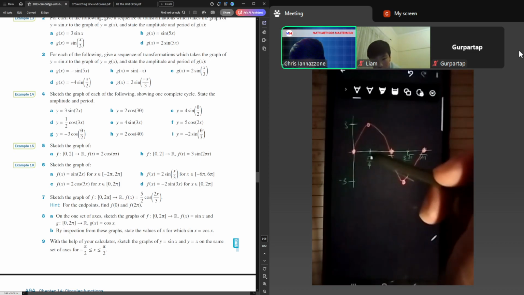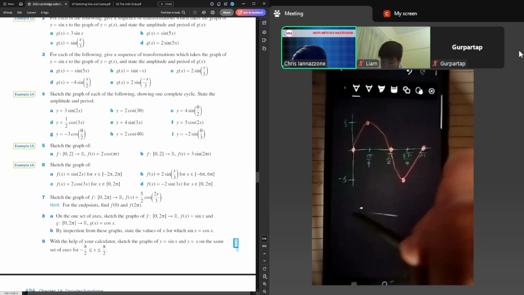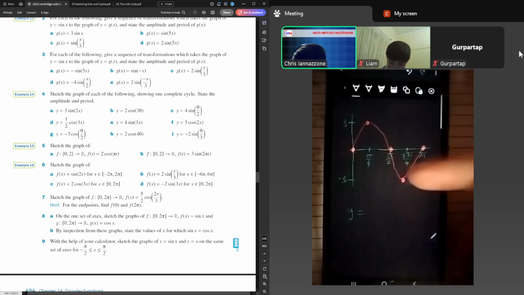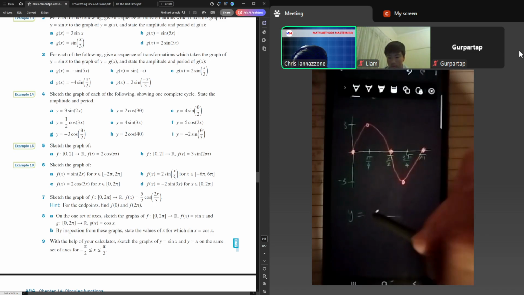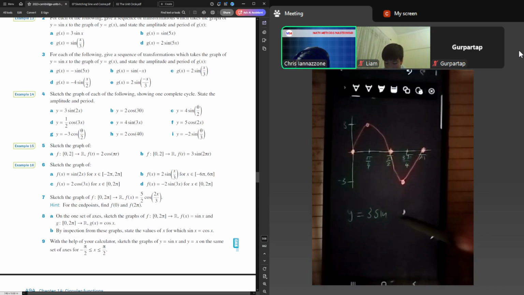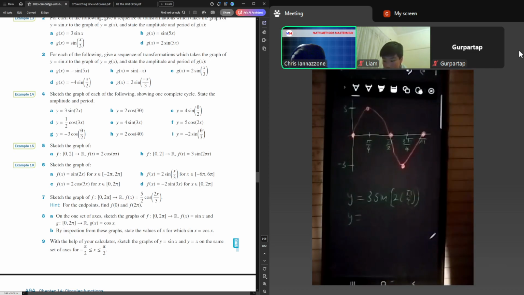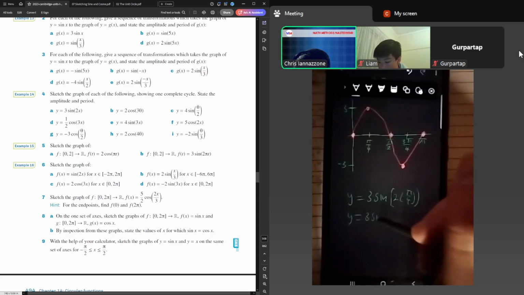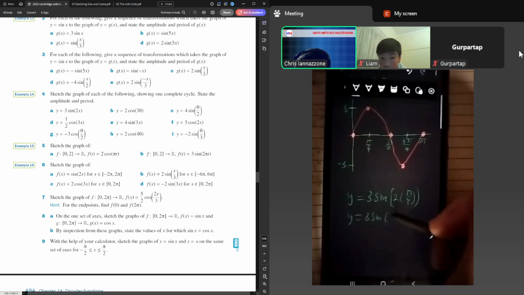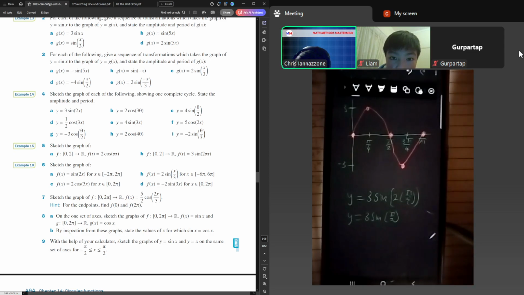Let's say we don't remember if we go to peak or trough at pi over 4. Well, we have our y equals 3 sine 2x, and in this case, we plug in x equals pi over 4. We then have y equals 3 sine of 2 times pi over 4, which is just pi over 2.